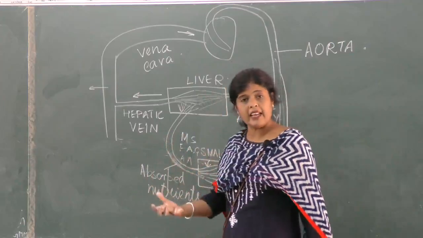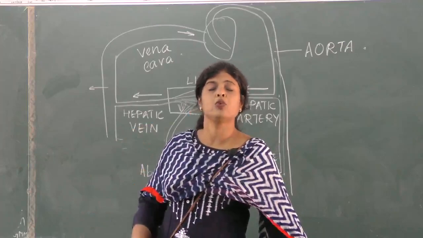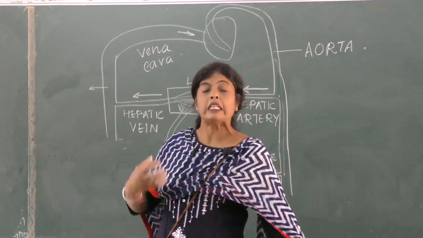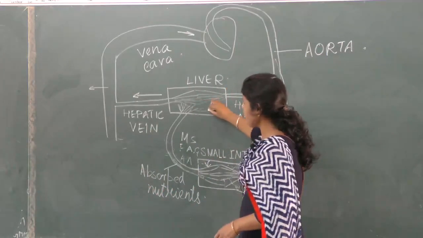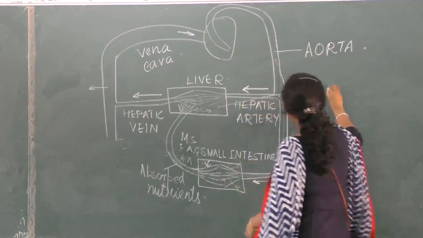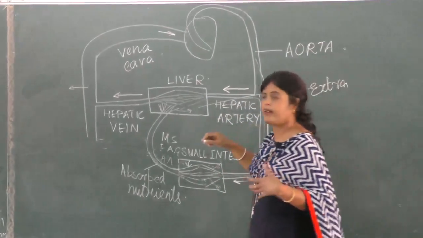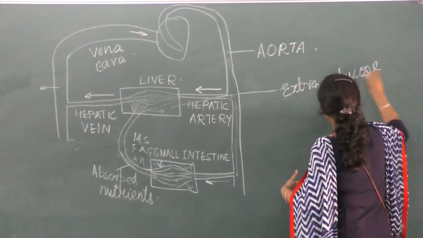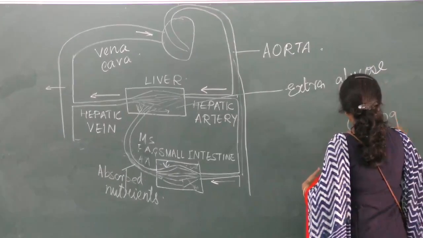Again I am giving you the reference of glucose. If in my blood there is extra glucose, is it clear? The liver takes it out from the blood. If there is more glucose than what I require, the liver takes it out and it is converted into glycogen.